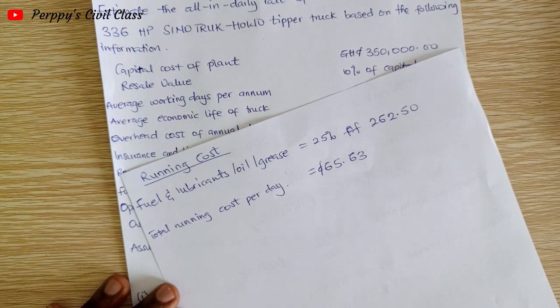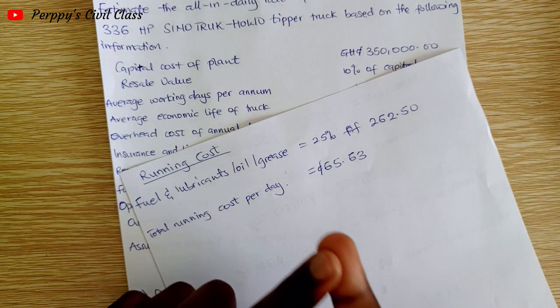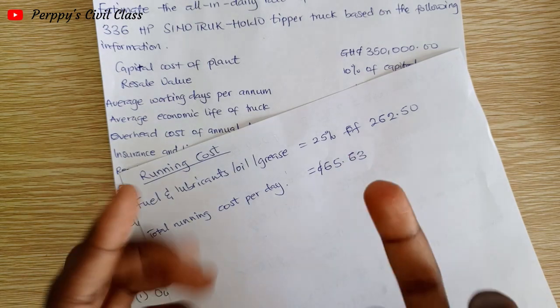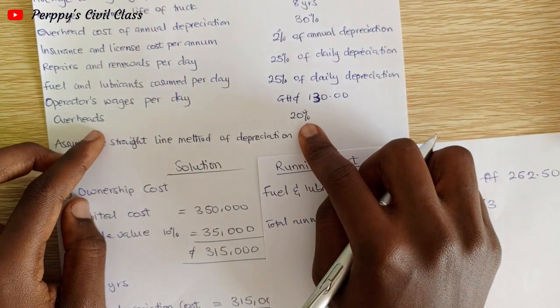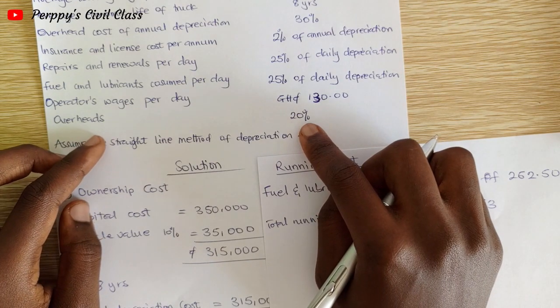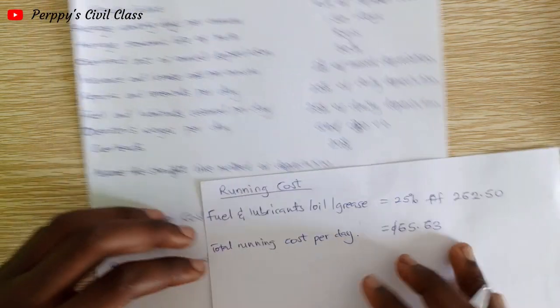Now we have to add the total cost for the tipper truck: the ownership cost, the operation cost, and the running cost. We sum all of them, then add our overheads, the 20% profit, and then we can get our all-in daily rate.